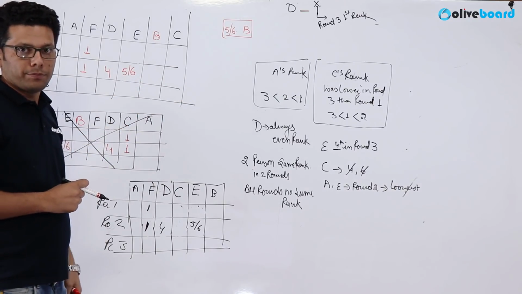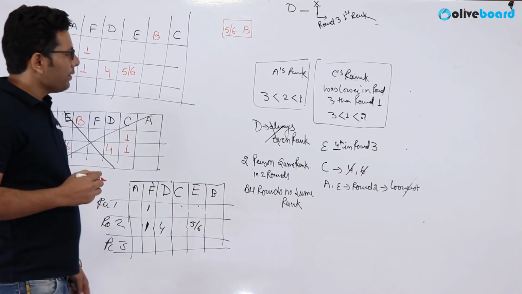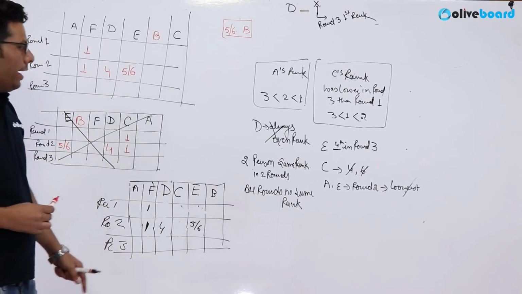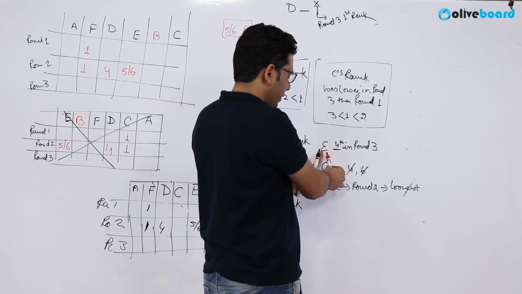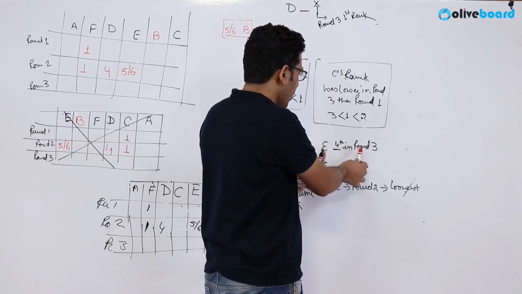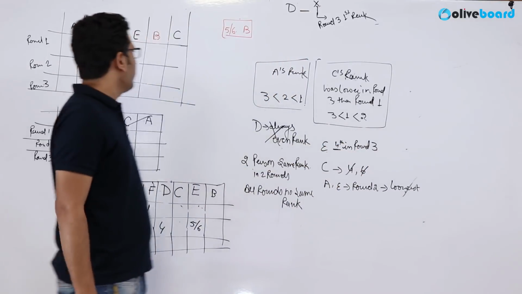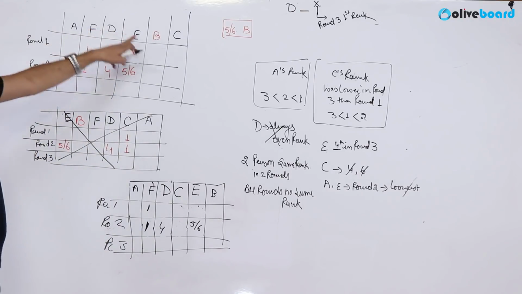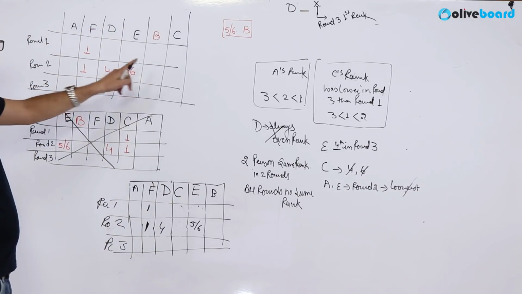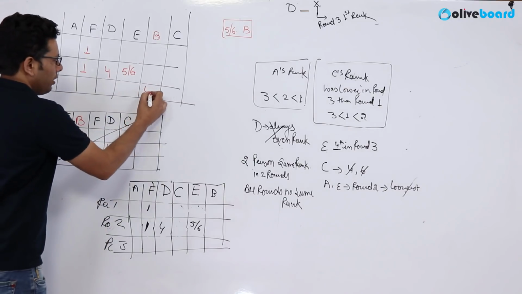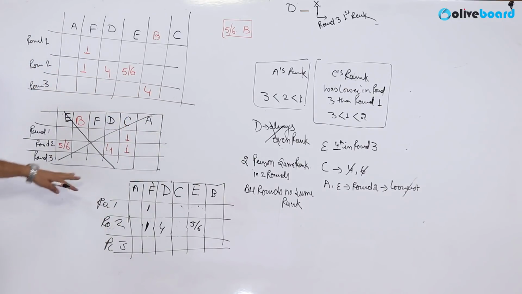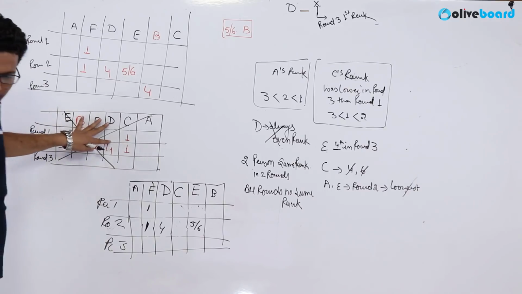Okay. So here we have static data that the immediate right of the person to E got the 4th rank in round 3. Where is E? This is the immediate right. In round 3, we got the 4th rank. And in this case, can I remove this one?